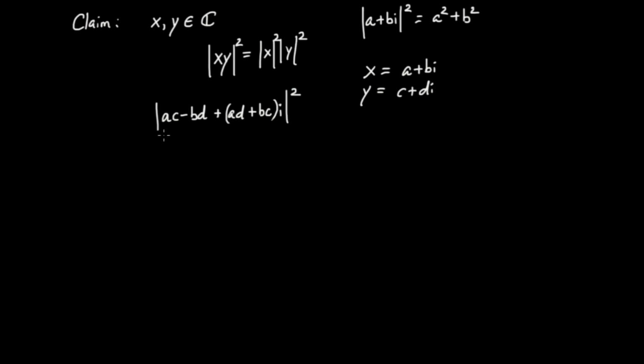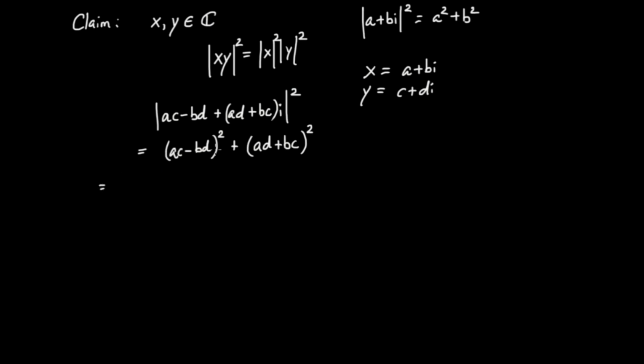So what is the squared magnitude of this quantity here? That's just going to be the square of this first real part, which is ac minus bd all squared, plus the square of the imaginary part, which is going to be ad plus bc all squared.